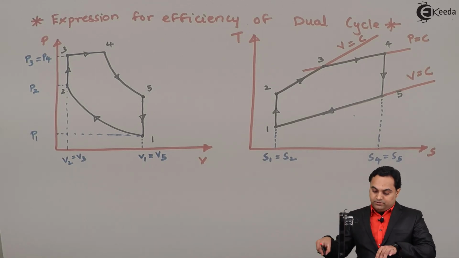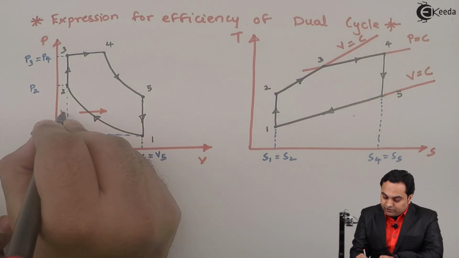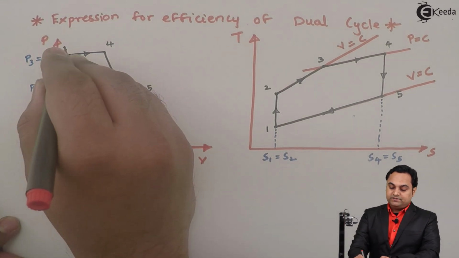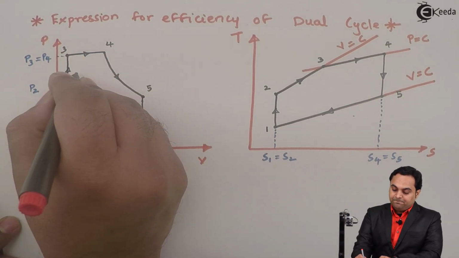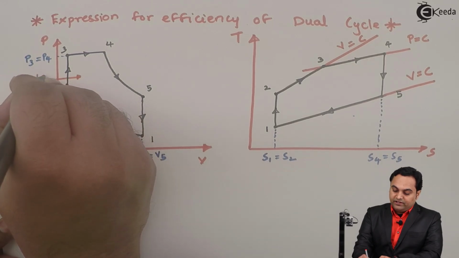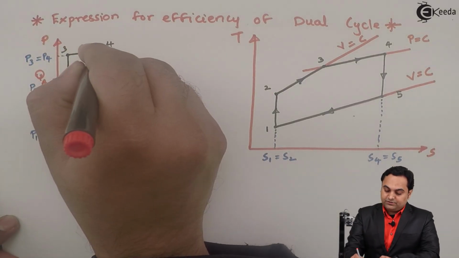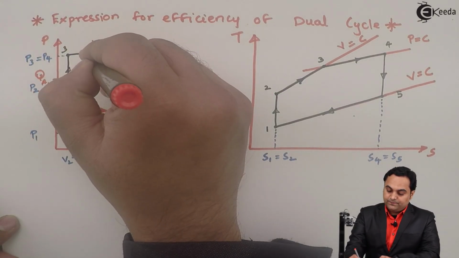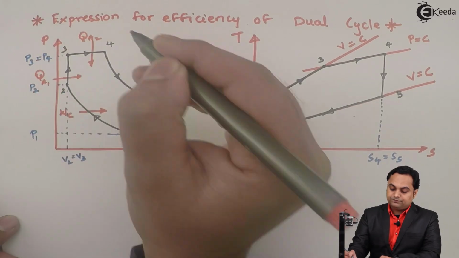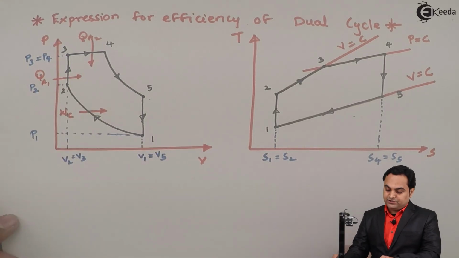Now I'll mark here, since 1 to 2 is compression, so this is the work input we are giving in compression process. 2 to 3 is constant volume heat addition, so here I'll write down that it is QA1, that is the first heat addition. The next heat addition is at constant pressure, so this will be QA2. So heat addition at constant volume, heat addition at constant pressure.